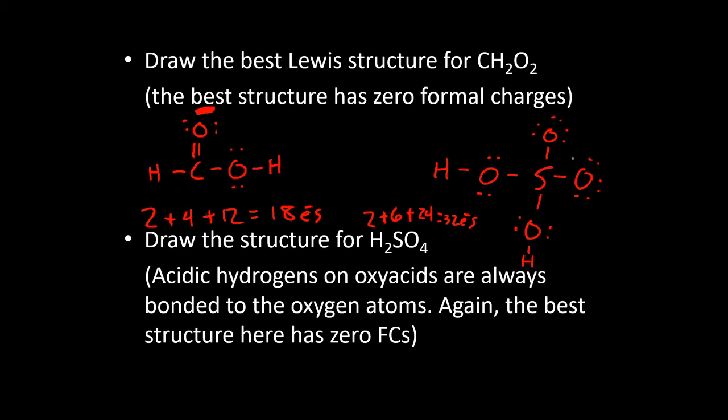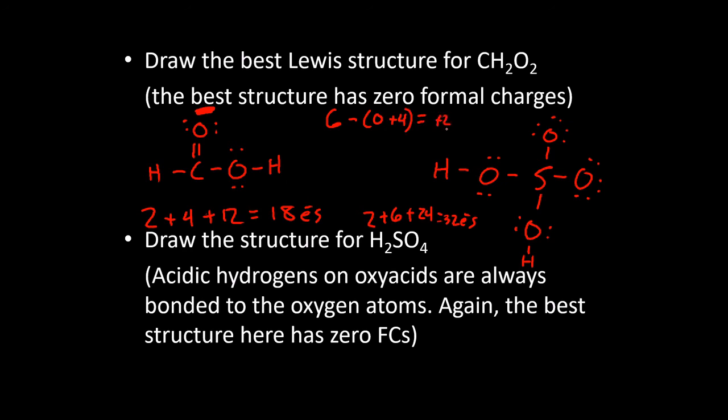But if we check the formal charges here, even though everything in the structure has an octet, both of these oxygens have -1 formal charges, and the sulfur has +2 formal charge. So the sulfur has 6 valence electrons, and it has no lone pairs and only 4 bonds, and so it is +2.